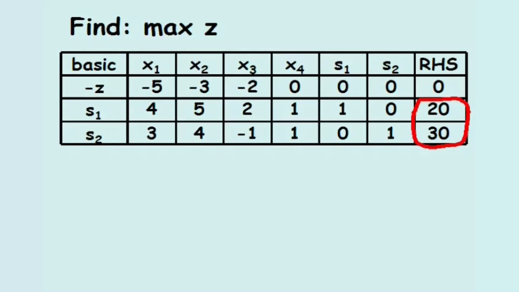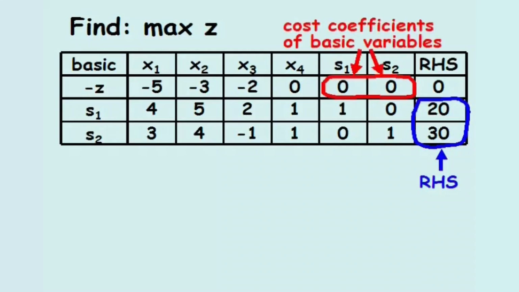The reduced costs for each variable are shown along the top. This tableau is in canonical form because the right-hand side variables are non-negative, the cost coefficients associated with the basic variables are 0, and the identity matrix is associated with the basic variables.